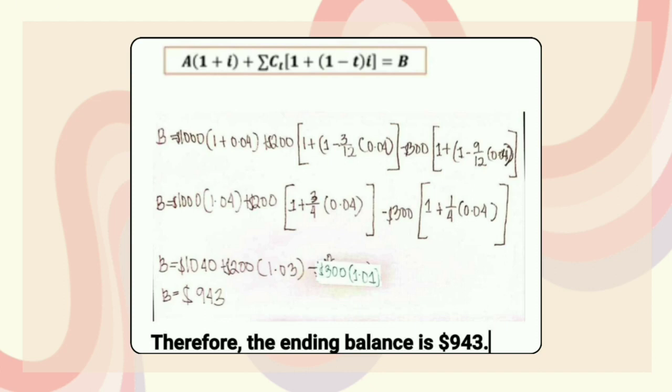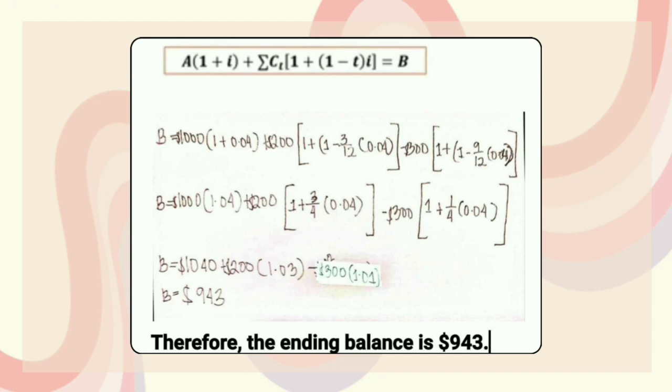Then distribute: 1 minus the time, which is 3 months out of 12 months in a year, so 3 over 12, times I, which is 0.04. Then the amount withdrawn, $300, is negative. Same process as the deposit of 200, just distribute.